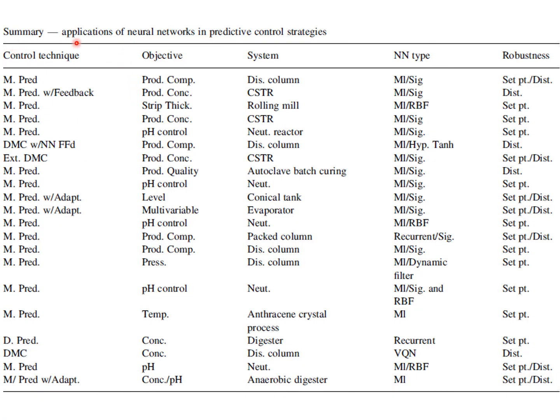And these are the different predictive control strategies I mentioned to you initially. Again, different types of objectives we have. So many usages, so many different systems, different types of neural network, different robustness, set point, disturbance, and so on, that have been tested using these different types of neural network. But mainly, this is the neural network used in predictive control.